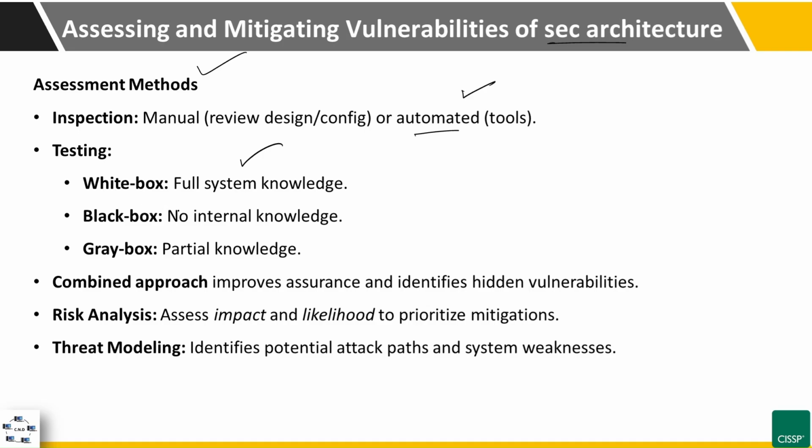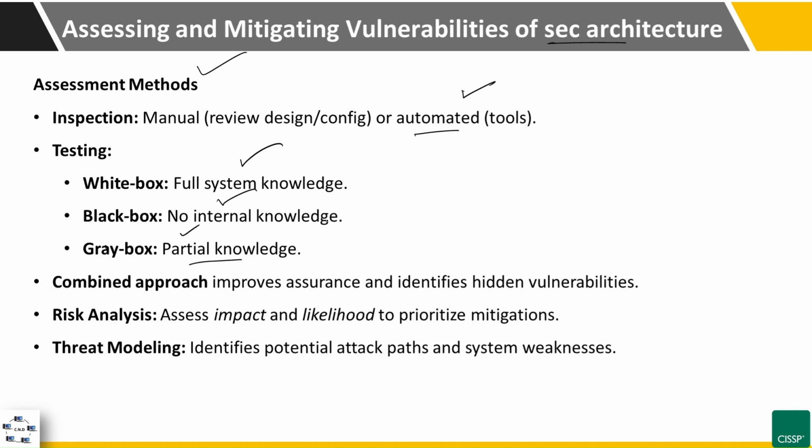Black box is when there is no internal knowledge of the system. For example, when you hire a third party to test your system which has no prior knowledge of your system's internal workings. And gray box is between these two, when the tester has partial knowledge.